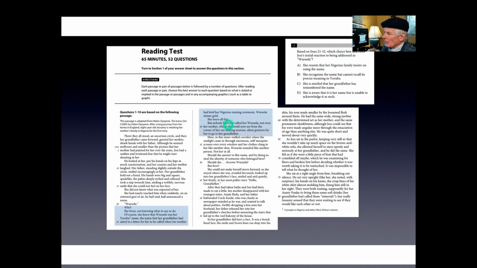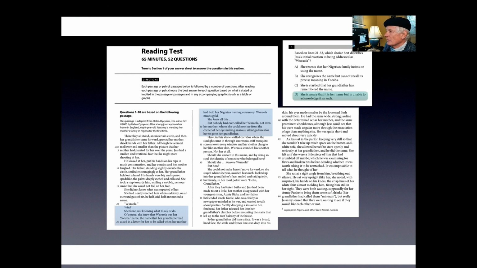So here are the lines that the question is asking you to look at, and that's going to contain the information that you need to come up with the correct answer. Okay? And then the very next slide is going to have the correct answer. Okay?